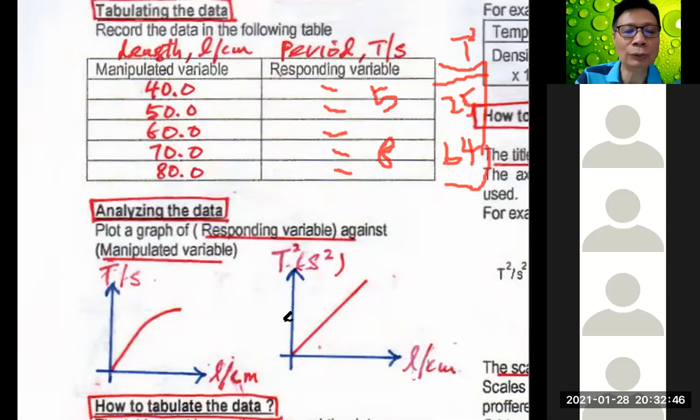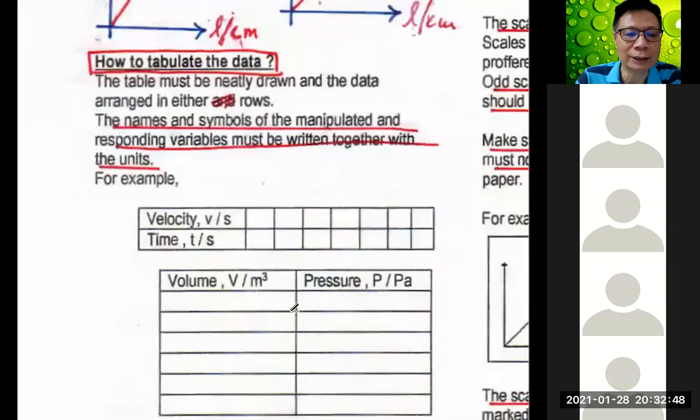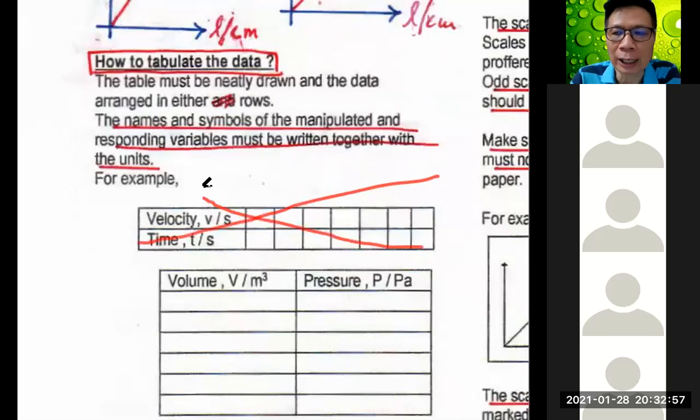Next one is how to tabulate the data. Don't follow this table. No, the horizontal one is not good. Don't take it. Your table strictly must be vertical. So the names and the symbols of the manipulated variable and the responding variable must be written.